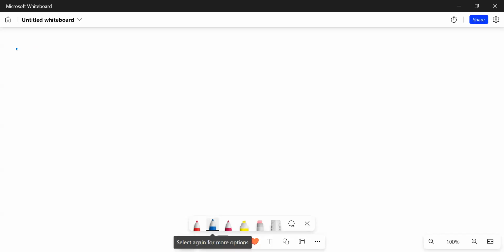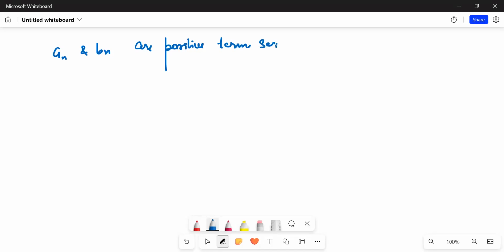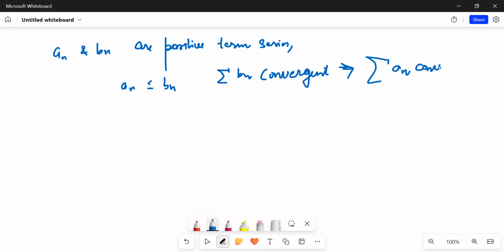So we have already seen that if an and bn are positive term series, and an is less than or equal to bn, then summation bn convergent implies summation an convergent, and summation an's divergence implies summation bn's divergence.